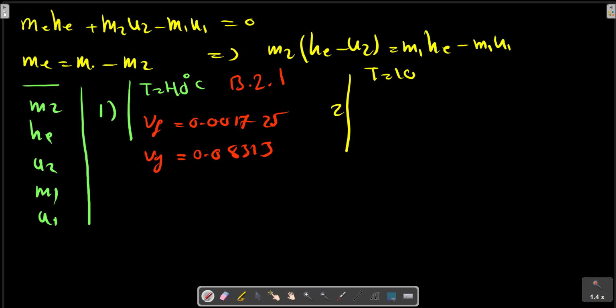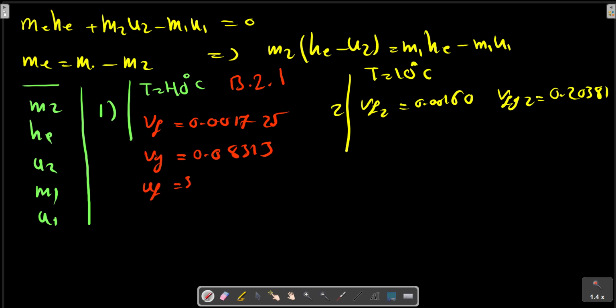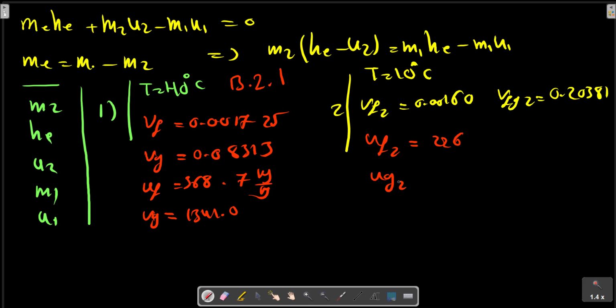We have temperature 10 degrees centigrade. vf2 equals, vfg2, the uf1 also can be obtained. ug and uf and ufg.